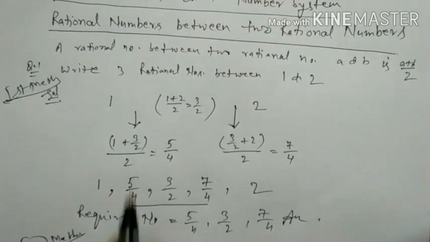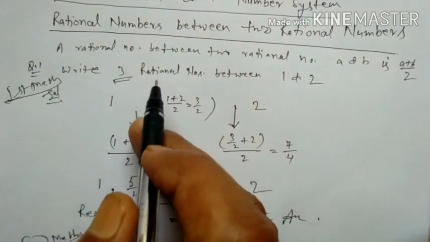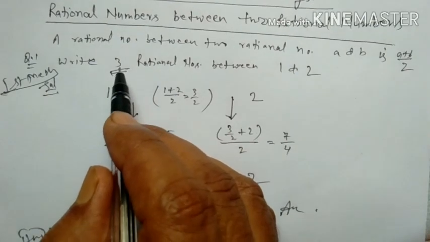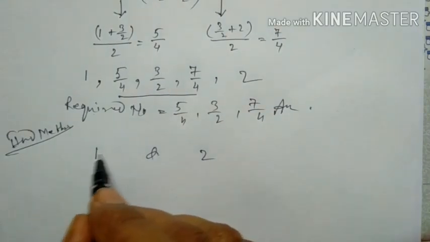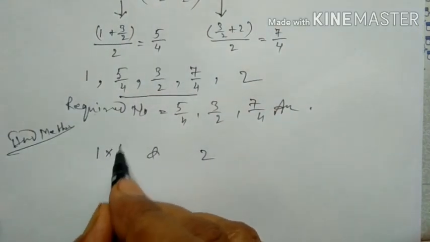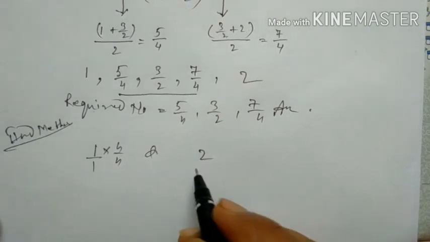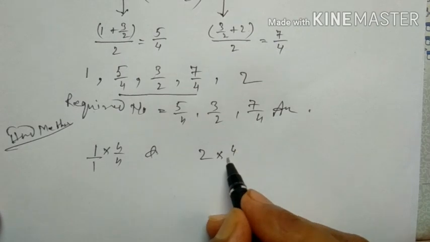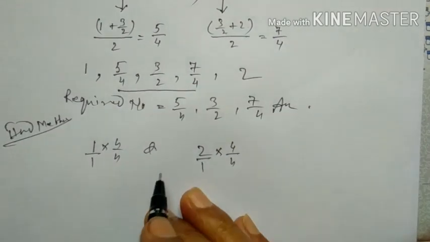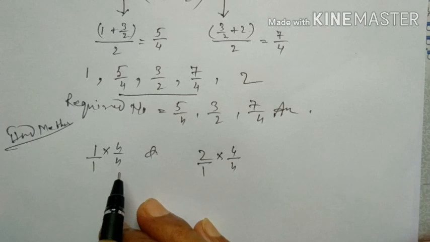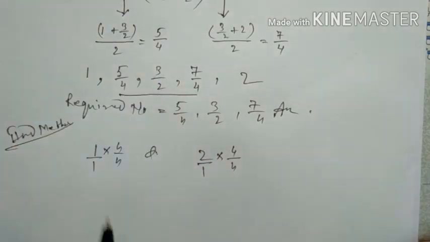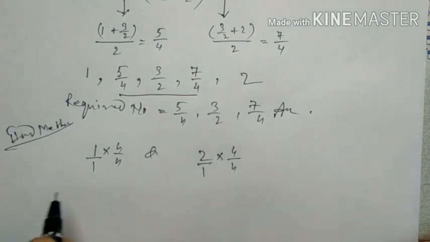Then we multiply and divide by 3 plus 1, that is 4, in the numerator and denominator. 1 is written as 4 by 4, and 2 as 8 by 4. We write three rational numbers between these two numbers. So we multiply by 3 plus 1, that is 4, multiply and divide.